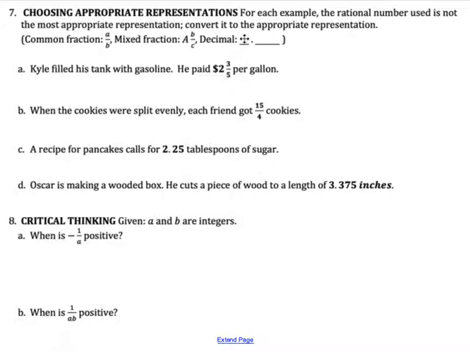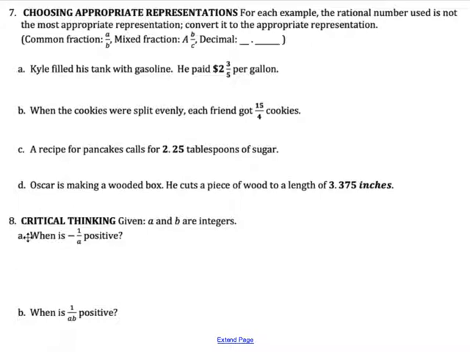And decimal, it's got integer part and fraction part. And on this, for example, Kyle fills his tank with gasoline. He paid 2 3/5 per gallon. When we talk about the price of gas, we don't do money as a fraction. So you'll need to change that so that it is correct and put your answer there.